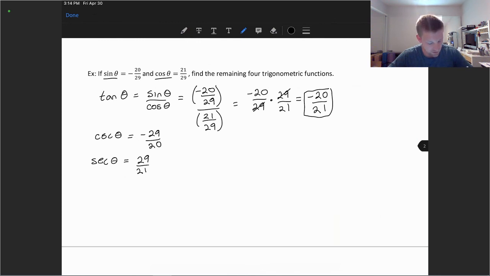And then finally the cotangent function, cotangent theta, will be the reciprocal of the tangent that we just solved for, which is going to be negative 21 over 20. So we found all of the remaining 4 trigonometric functions knowing the sine and the cosine function using some identities.